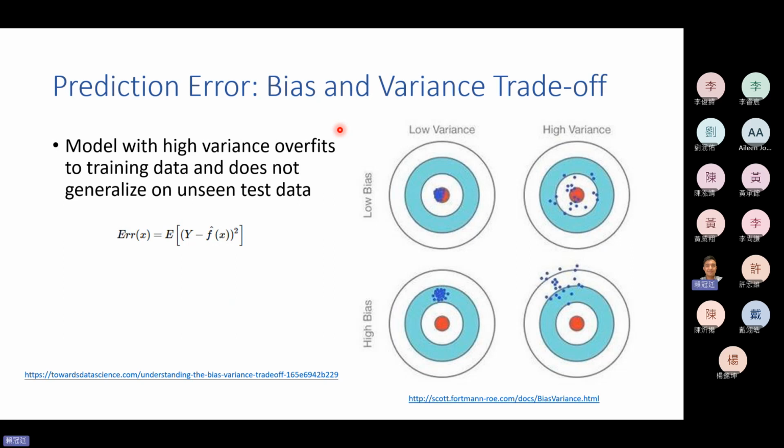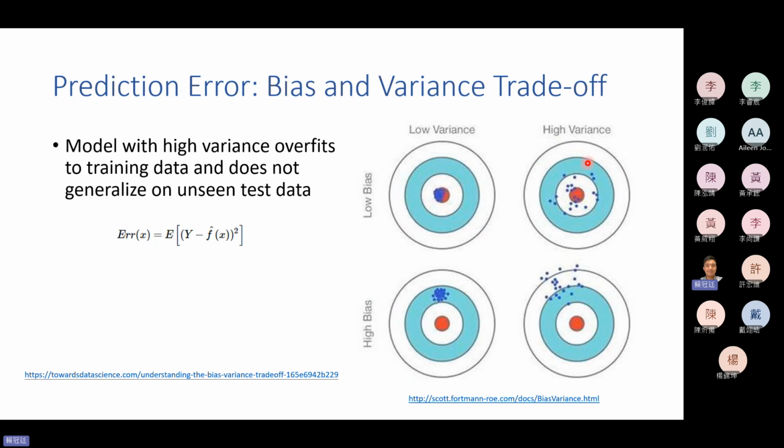So actually, we can decompose error into bias and variance. Here's a good picture of shooting. Here's the target. You can decompose your error into bias and variance. If you have low variance and low bias, then congratulations, you are a very accurate shooter. All your results will focus on the center of the target.